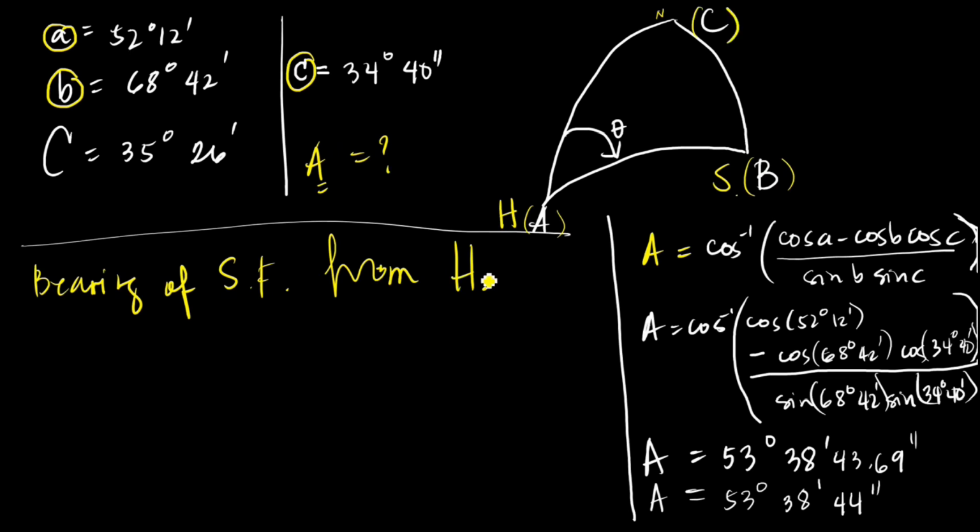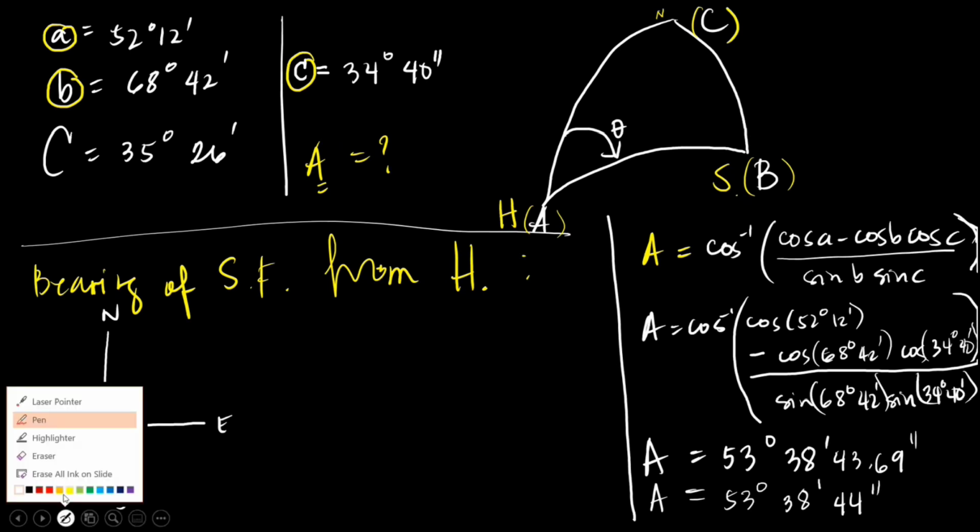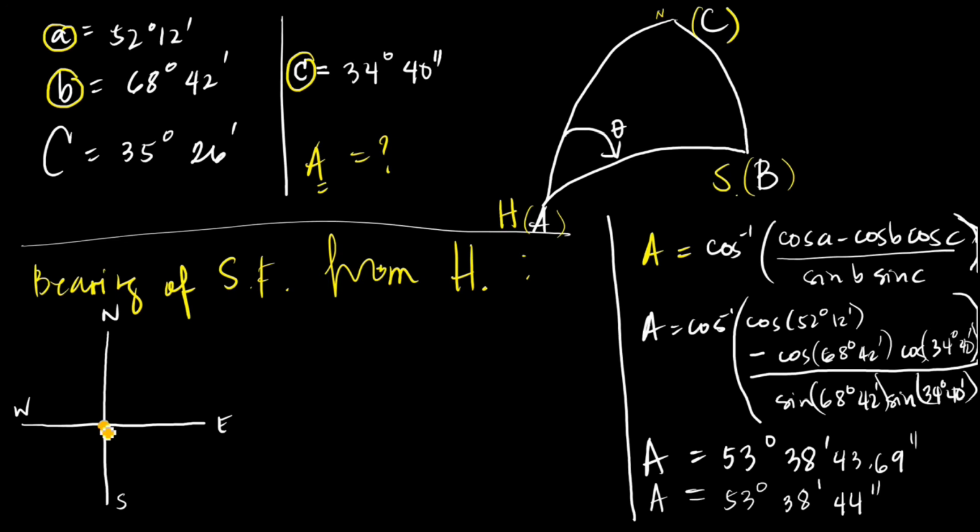Okay, to answer the problem, we need the bearing. So from the north, so it means that if we're going to have north, south, west, and then east, and then we do have here the H. So from north, this angle here, okay, from north, it measures what?